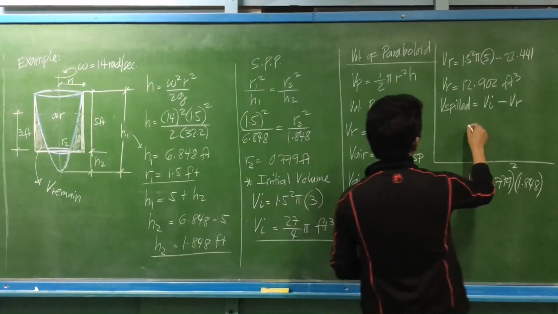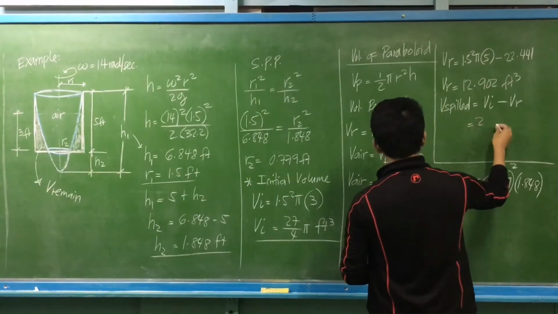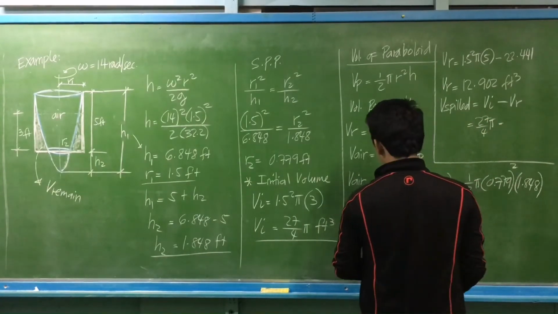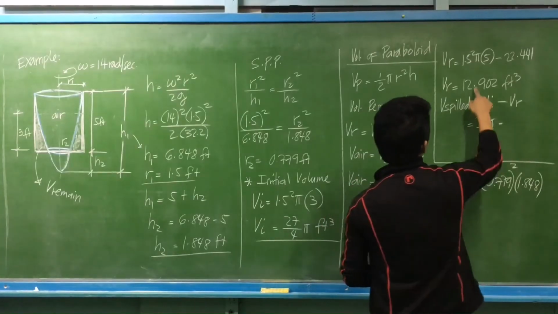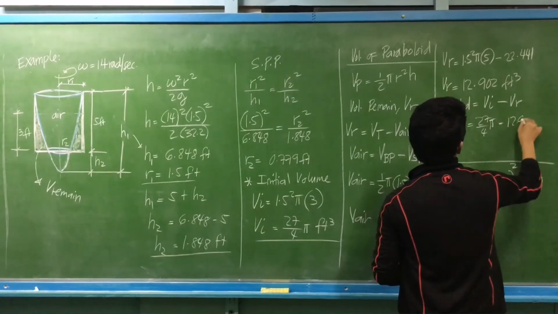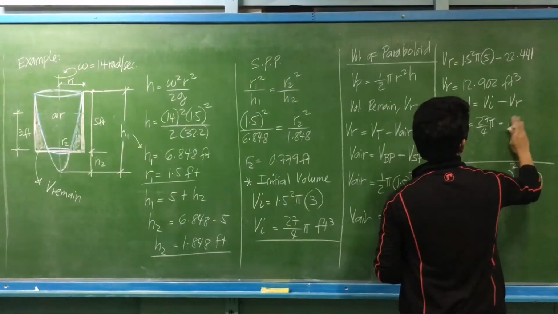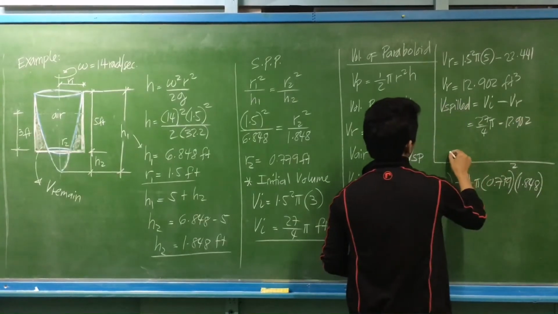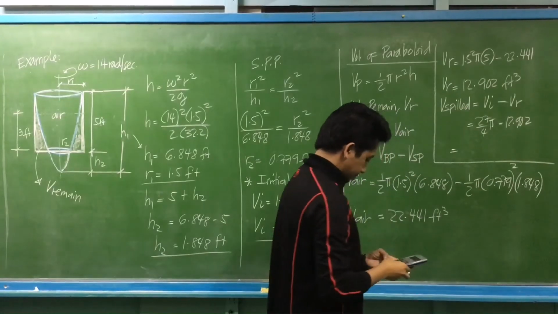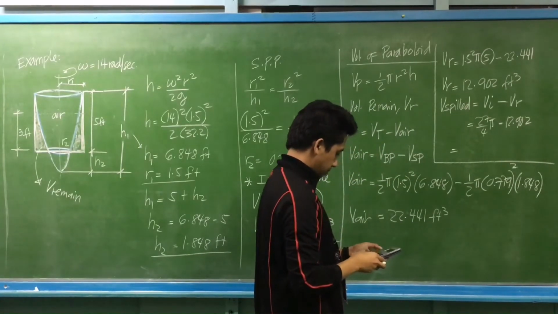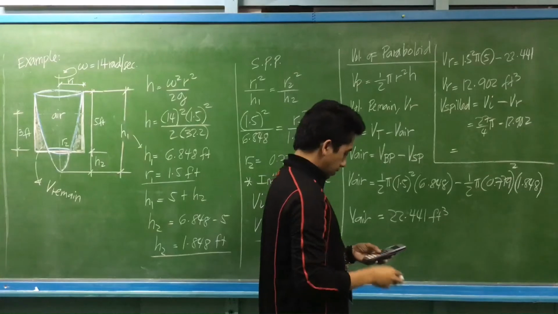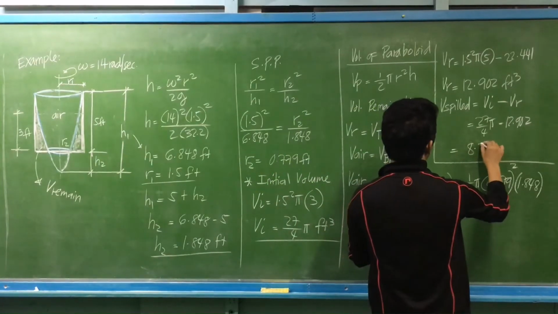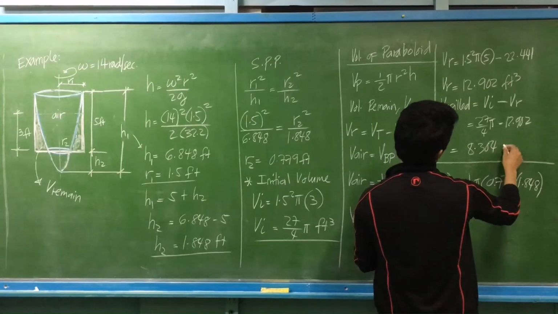So we have the volume spilled: volume initial, 27/4 of pi, minus volume remain, which is 12.90. So the volume spilled is equal to 8.304 cubic feet.